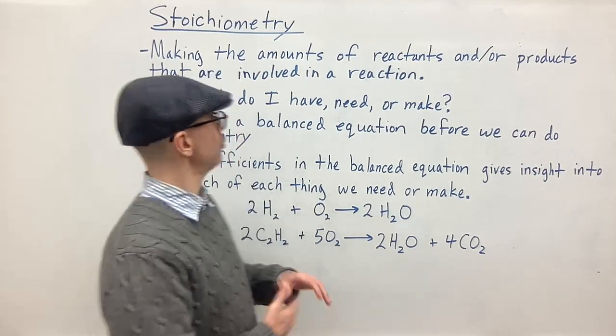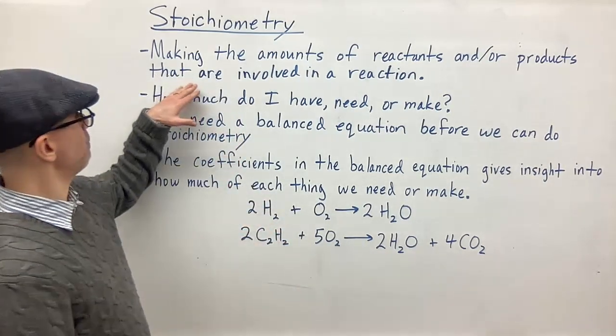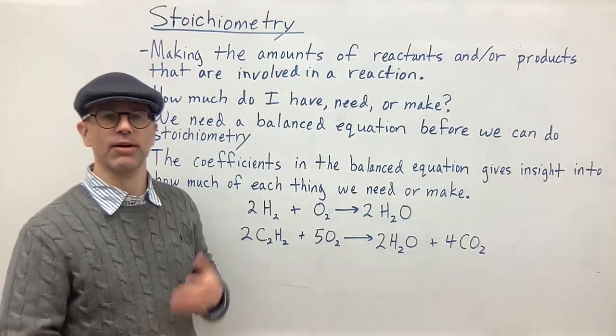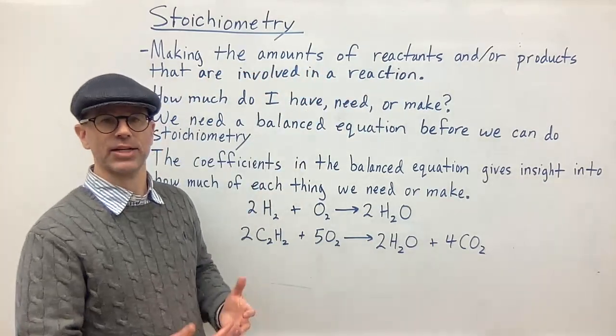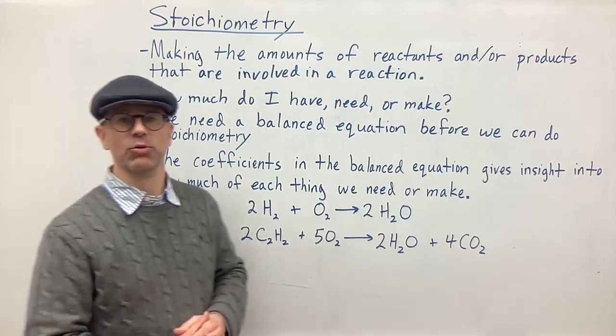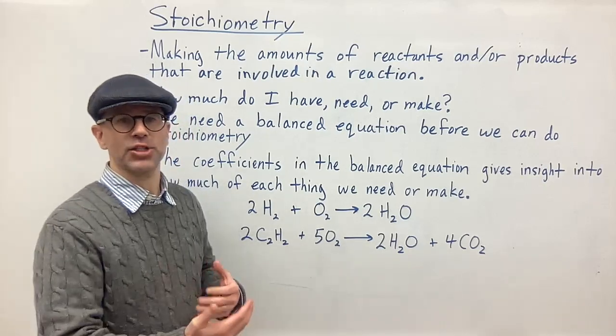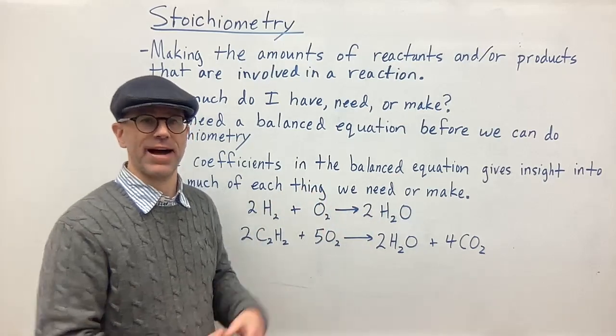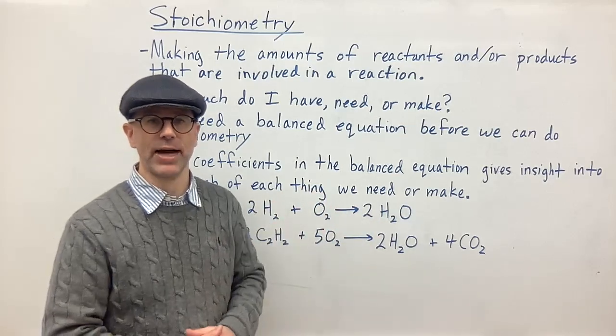So, for stoichiometry, we're looking at the amounts of reactants and/or products that are involved in a reaction. So, you're dealing with questions like how much of this product is formed during the reaction if I start with this amount of reactant, right?